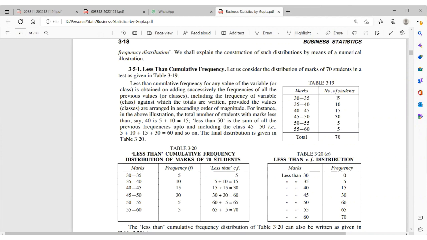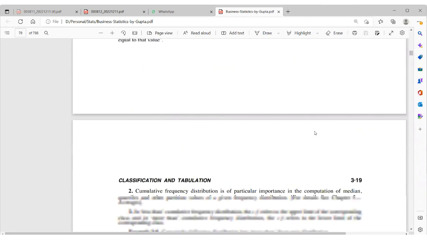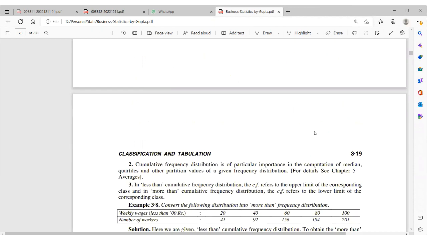That means we subtract this 5 from 70. Similarly, more than 40, again we subtract 10 from that total. Then 15, then 30, and so on like this. So how many got more than 60? 0. Is this clear? Yes, sir.